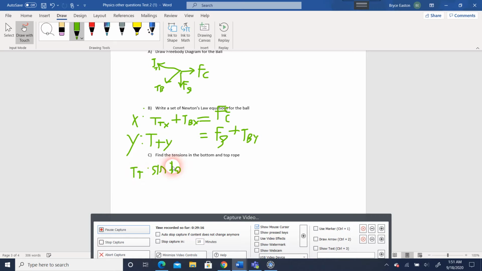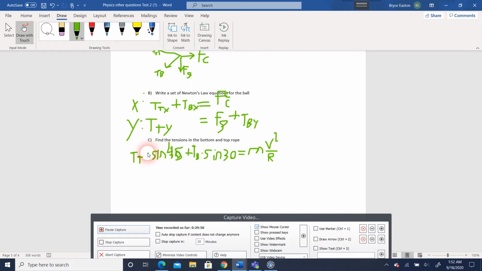So this is sine of 45 plus TB times sine of 30, and this is going to be equal to Fc. Fc is equal to the mass times v squared over r.